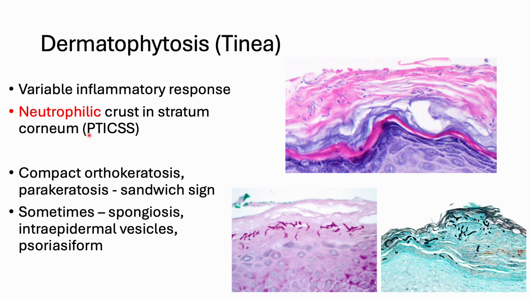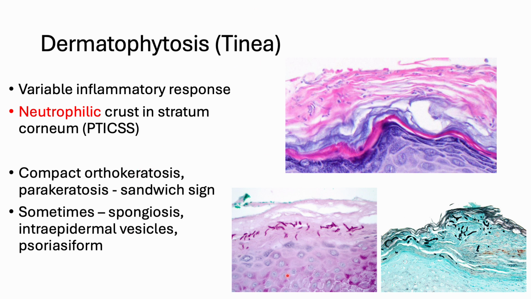PTICSS is the mnemonic, including psoriasis, tinea, impetigo, candida, seborrheic dermatitis, and syphilis, which can help you make the differential diagnosis histologically. And also there are some body responses, including spongiosis and vesicles. Those are not very characteristic.